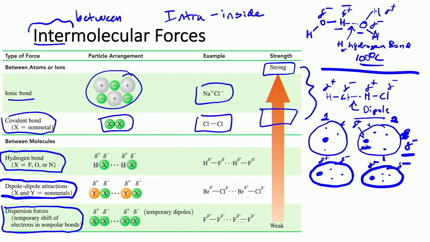So now we have temporary dipoles formed. These are very temporary, but they're temporary dipoles. And then there's a little bit of attraction in between there. That is a dispersion force. Very small.